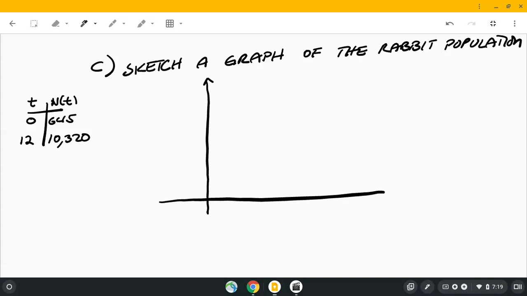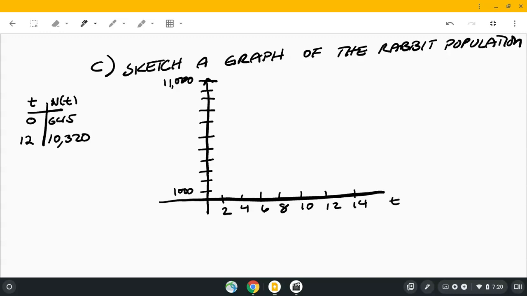So I'll go by 1,000s: 1, 2, 3, 4, 5, 6, 7, 8, 9, 10, 11. This one here is 11,000. Here we have 0 to 12, so I don't feel like going by ones. Let's go 2, 4, 6, 8, 10, 12, 14.